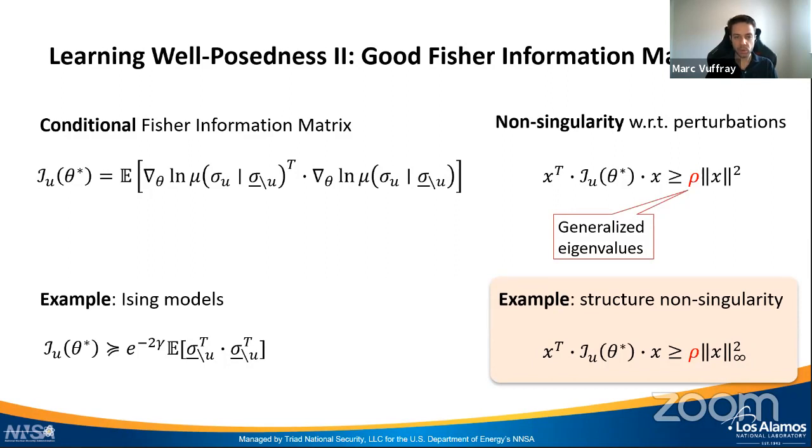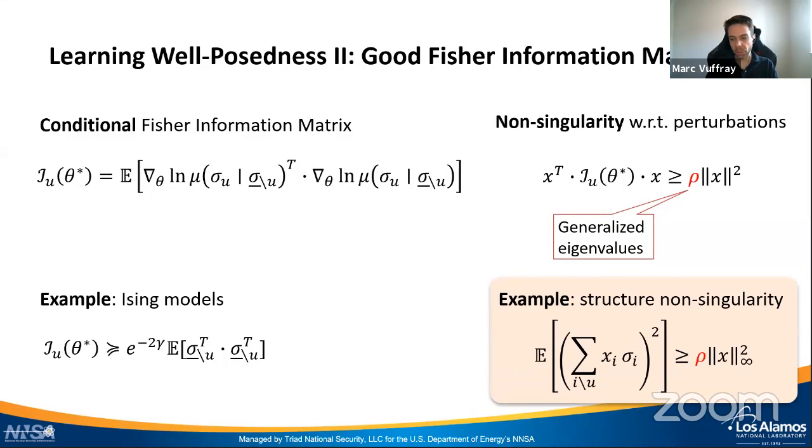Okay, so those are the two main conditions for well-posedness of the problem. First, the probabilities are bounded away, so no strong correlations. And second, the problem is really non-degenerate: the conditional log likelihood is non-degenerate.